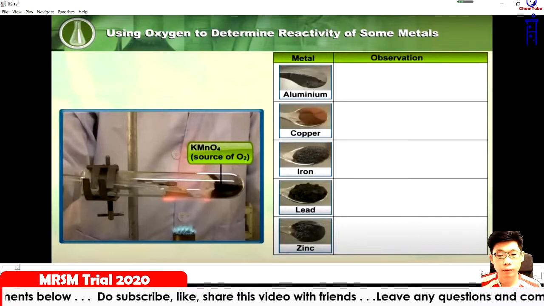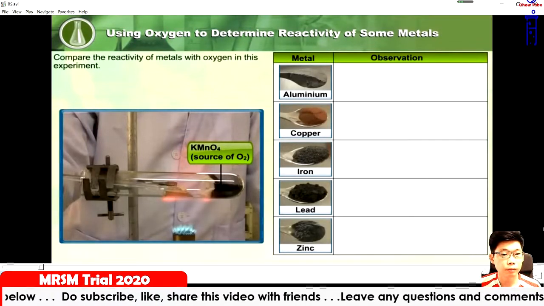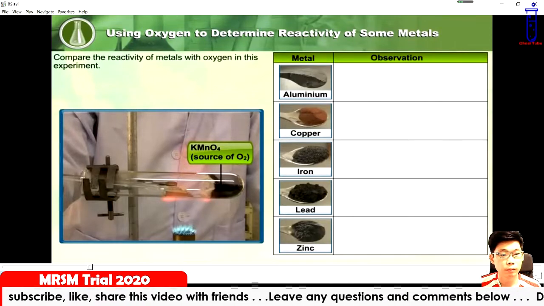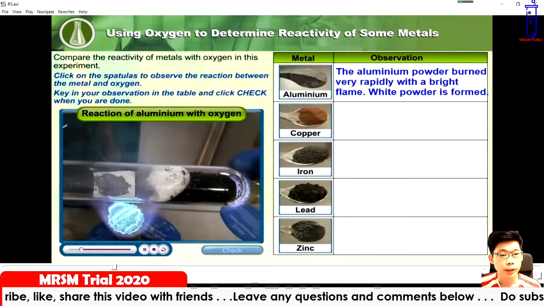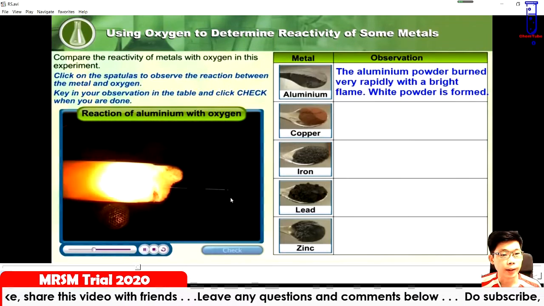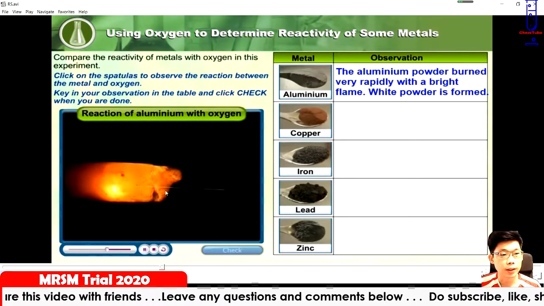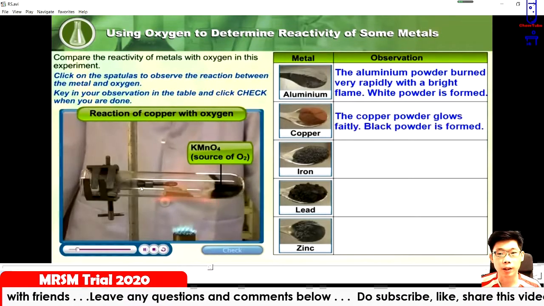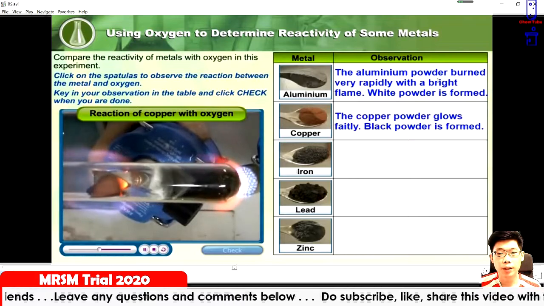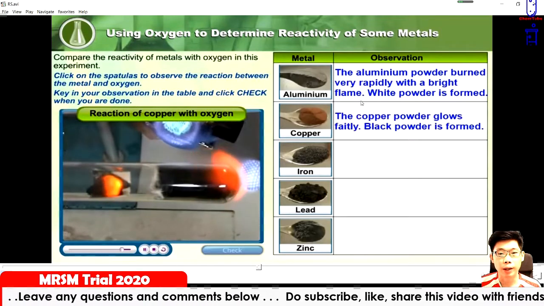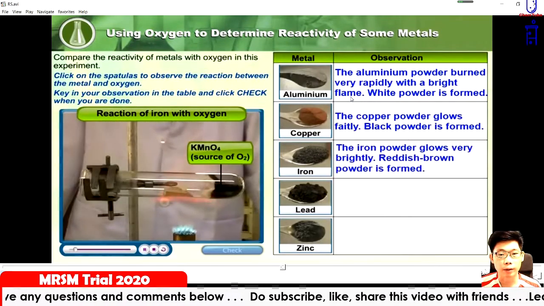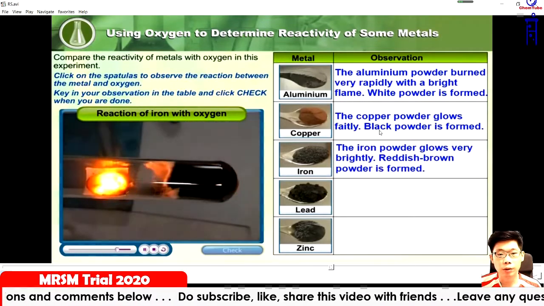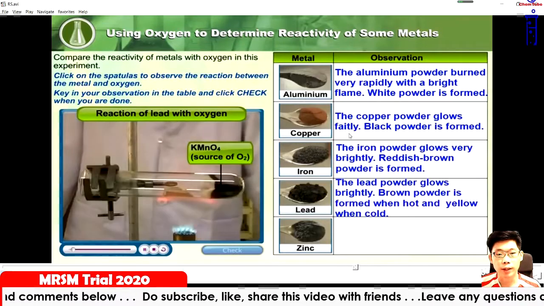Let's do a lab activity to compare the reactivity of metals with oxygen. When oxygen reacts with the metal, we can see whether it burns or not. If aluminium burns very rapidly with a bright flame, it is quite reactive. But if copper only glows faintly, it is less reactive.